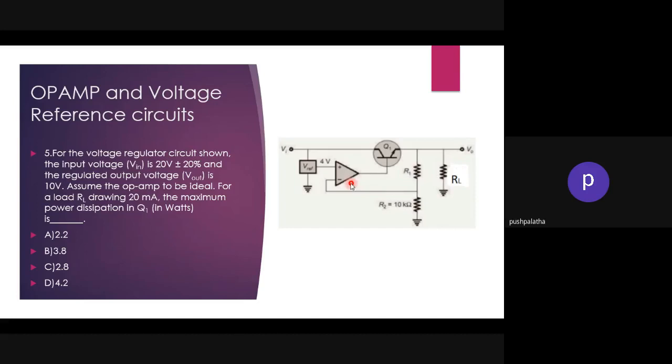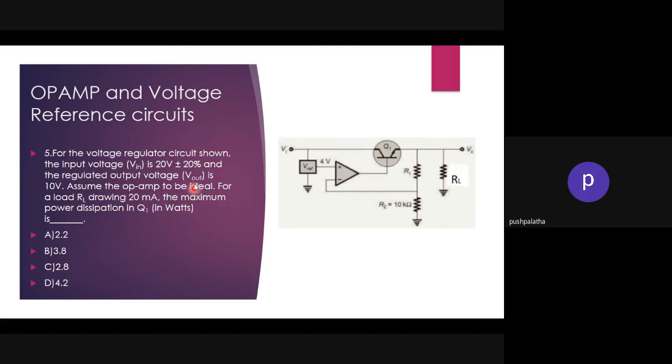For a load resistance RL actually drawing 20 milliamps, what will be the maximum power dissipation in Q1? The options are 2.2, 3.8, 2.8, and 4.2, and you need to take the op amp to be an ideal one.